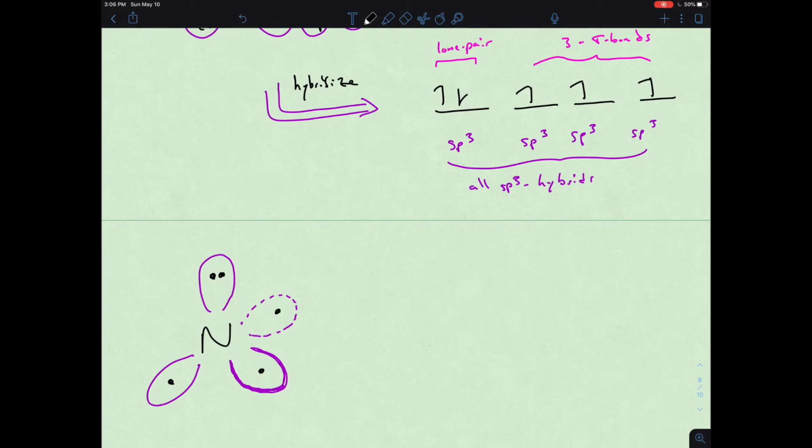And then it would have 1 electron in each of the other 3 lobes, and that's where its sigma bonding is going to occur. And so we end up with our nitrogen now overlapping its hybridized orbitals with the hydrogen atoms.